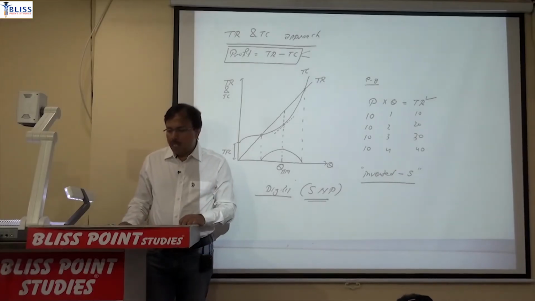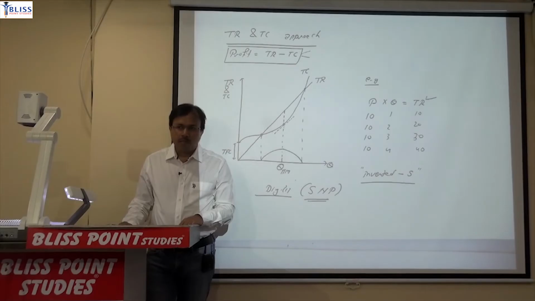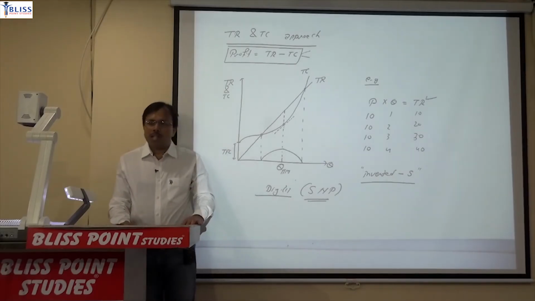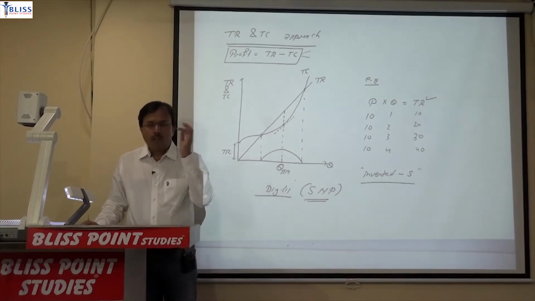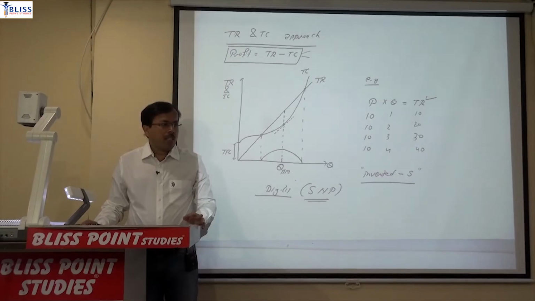So the firm maximizes profit when the distance between TR and TC is maximized.